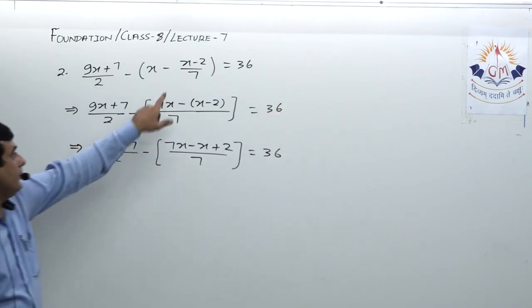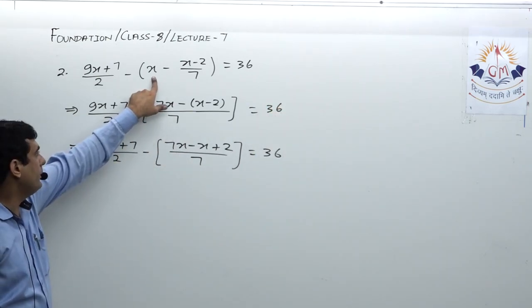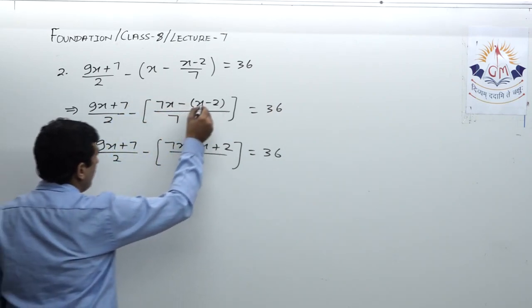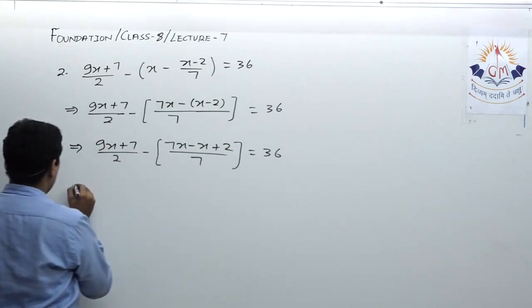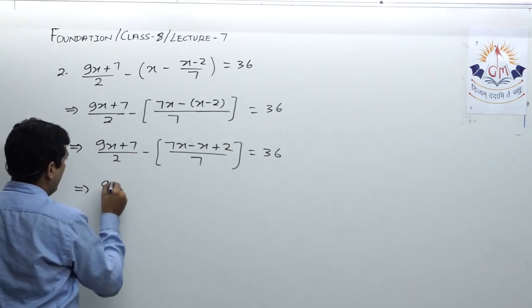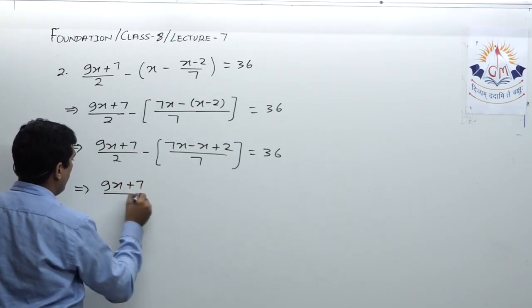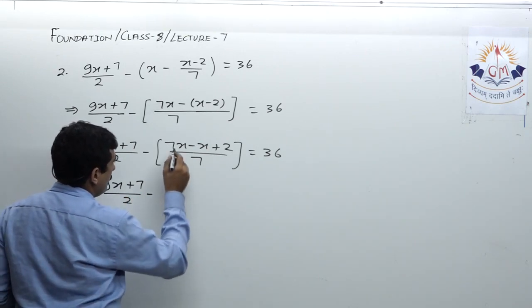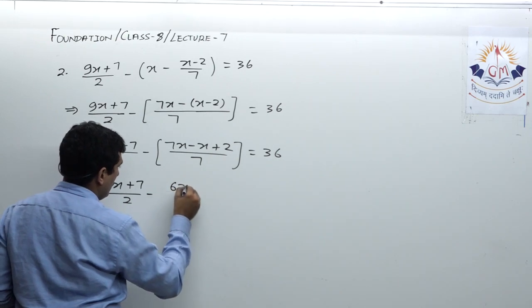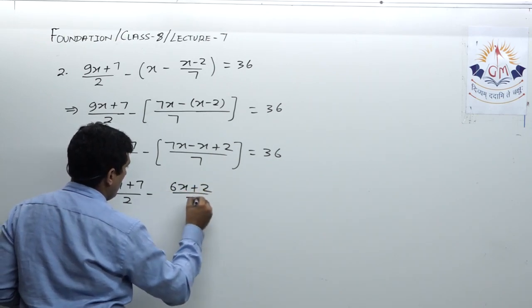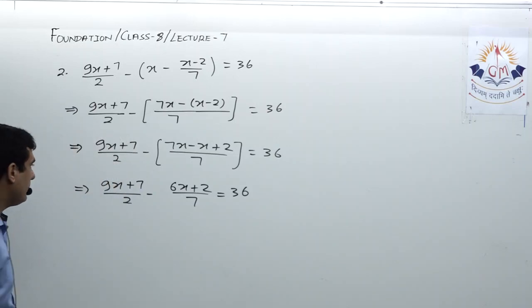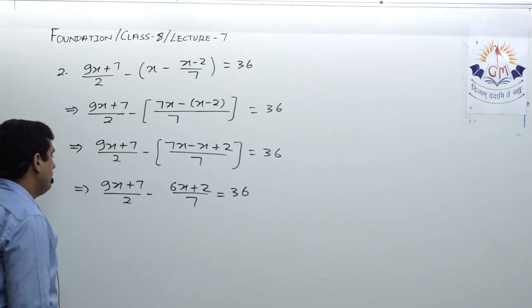Here the LCM was 7 because here it is 1, so 7x then minus x minus 2. So when I open the bracket, it will become minus x plus 2. So here 9x plus 7 upon 2 minus, now over here 7x minus x is 6x plus 2 upon 7 is equal to 36. Definitely I have to take the LCM.